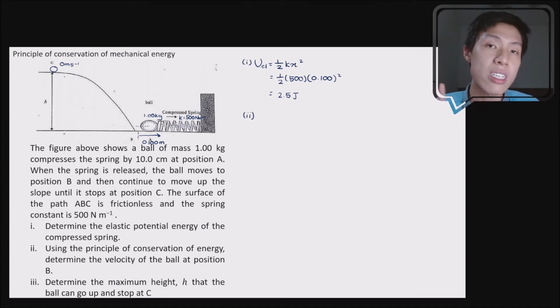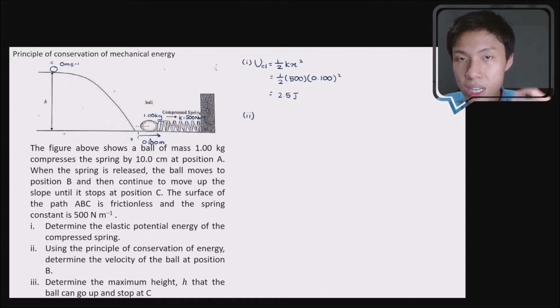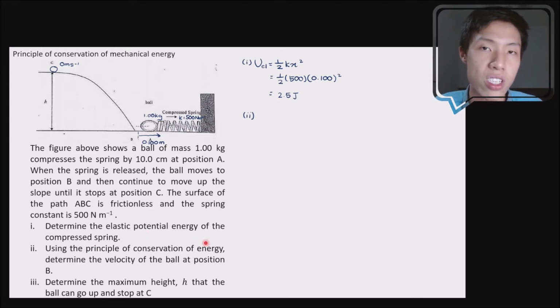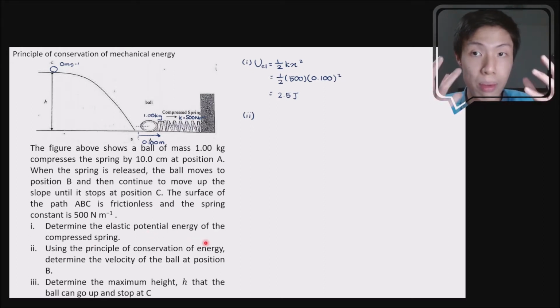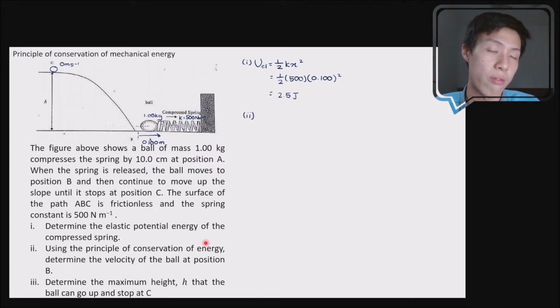Then we'll study these to see whether the mechanical energy is conserved or not. Right now they say to use the principle of conservation of energy, but is the mechanical energy conserved or not? That is the thing that you want to look at.